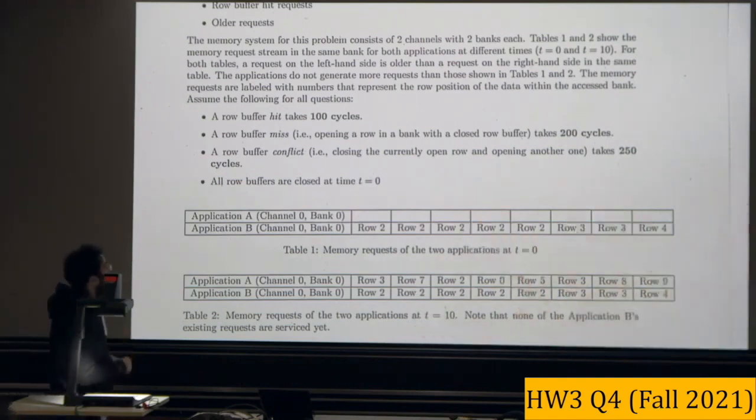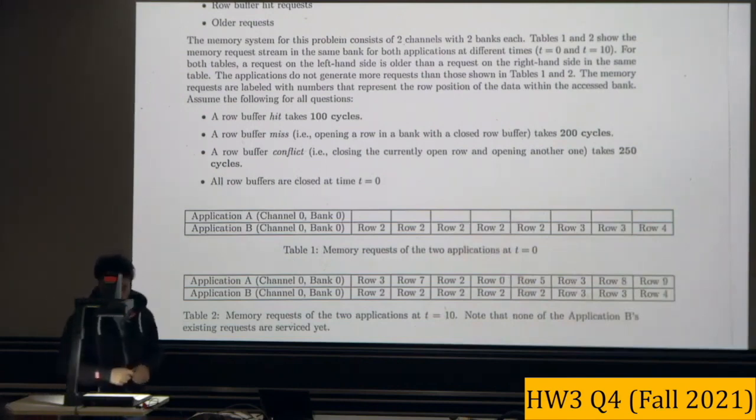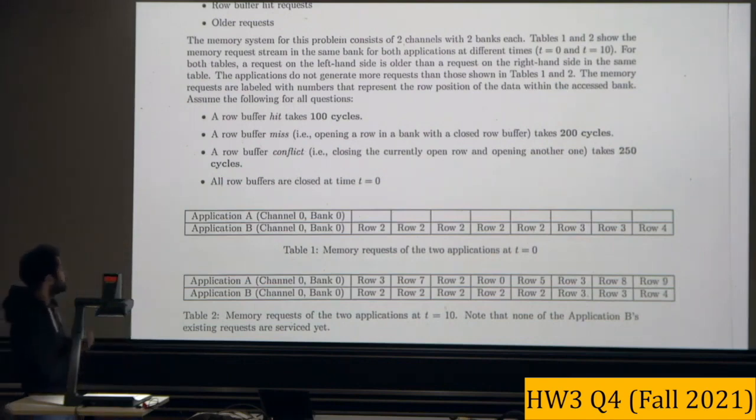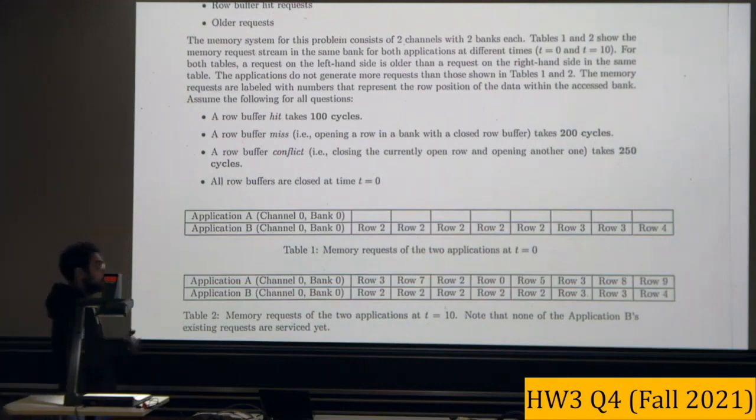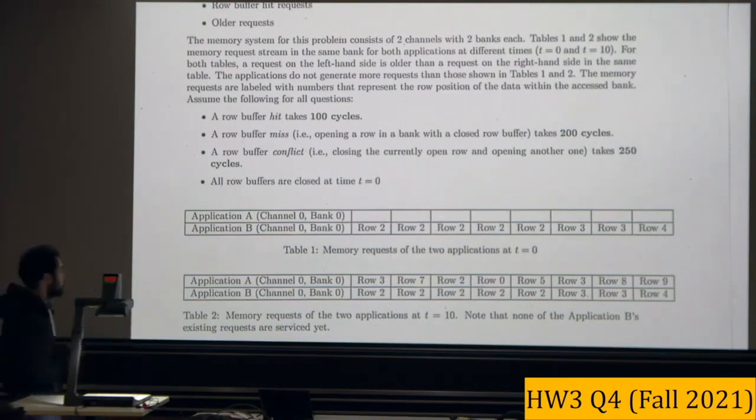There are no more requests in this problem. For each request we have information about which row in the bank it accesses. A row buffer hit costs 100 cycles, a row buffer miss costs 200 cycles, and a row buffer conflict, which means we need to precharge first and then activate another row, costs 250 cycles. All row buffers are closed at t equals 0.